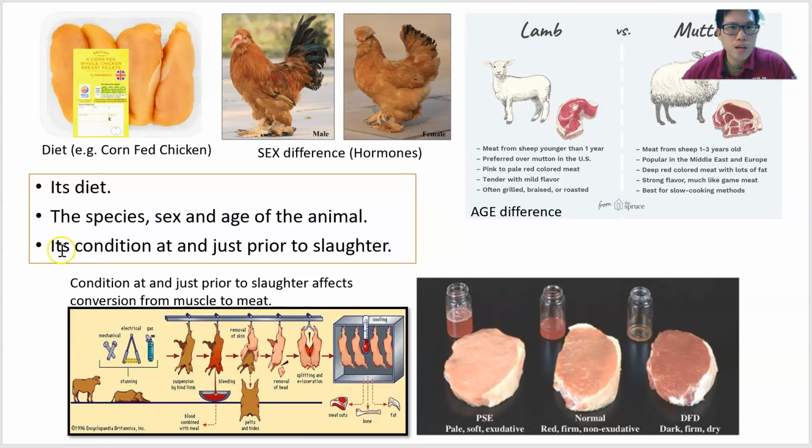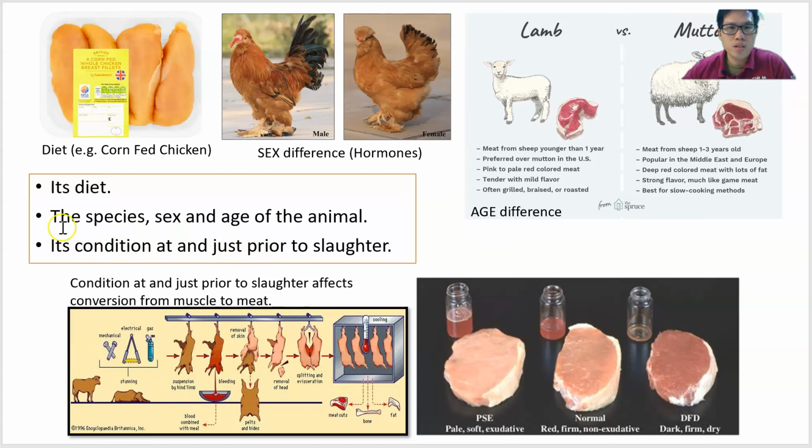Alright, conditions at or just prior to slaughter can affect the conversion from muscle to meat that we have discussed previously in Culinary 101. One of the things has to do with the glucose level, the amount of glucose in the muscle cells, as well as the accumulated lactic acid in there.